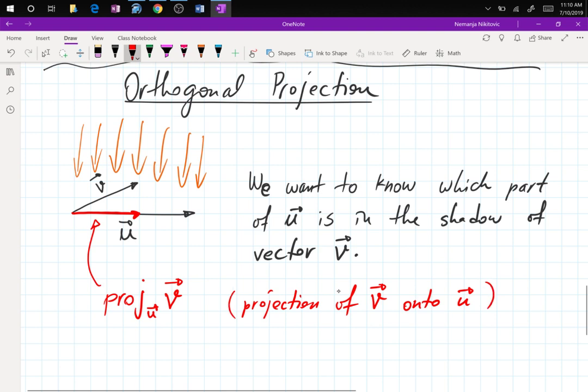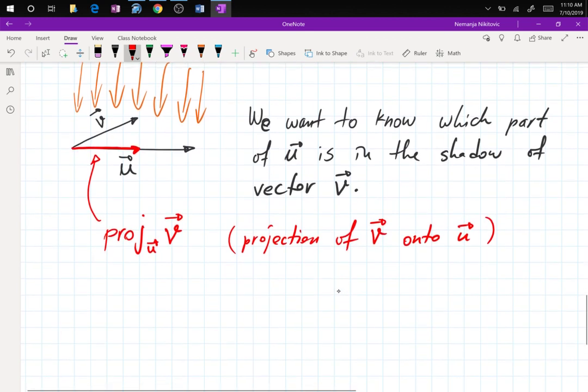There are a lot of applications for something like this. I can give you a very quick example. We are going to work this out later, but look at this. If I want to push an object on the surface, and I push this chair forward, like it has wheels, so it moves easy.